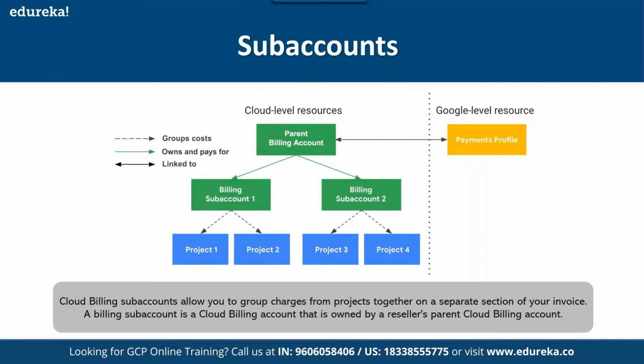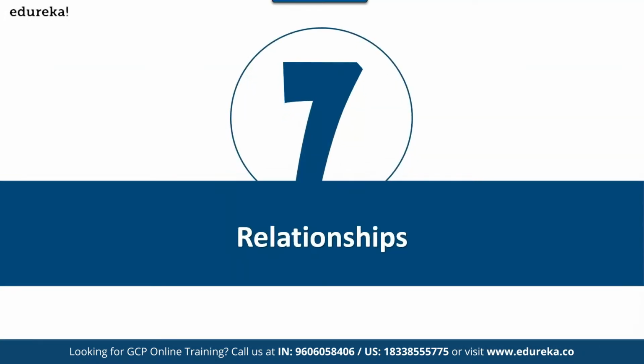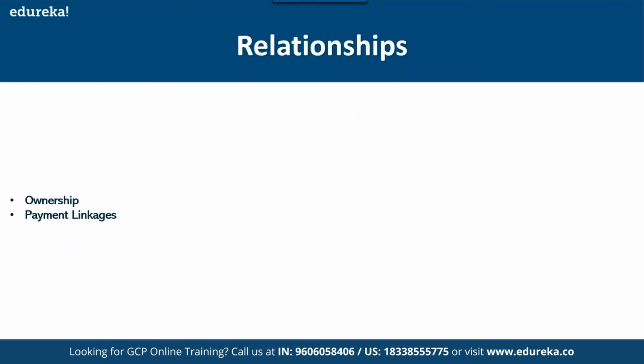Now moving on to the relationships part, which is the last thing, like what exactly is the relationship. At a higher level, relationships between your organization, project, cloud, billing account, payment profiles can be there. Now, as per your own organization's infrastructure and design, you can define the relationship.